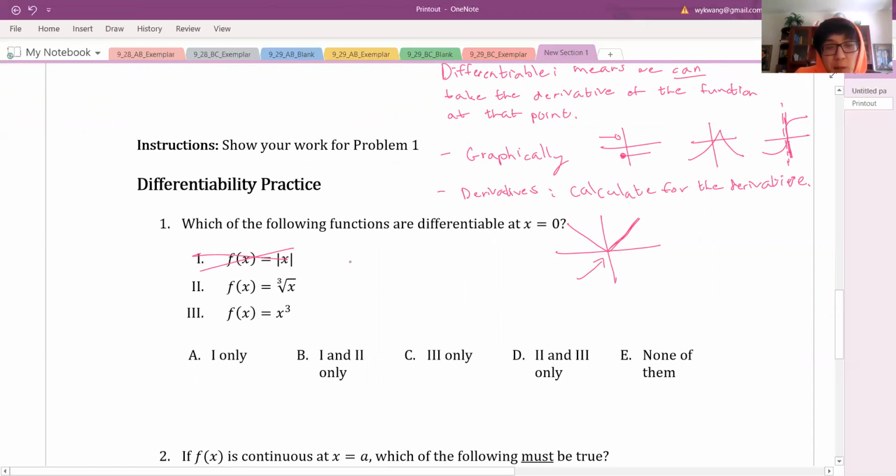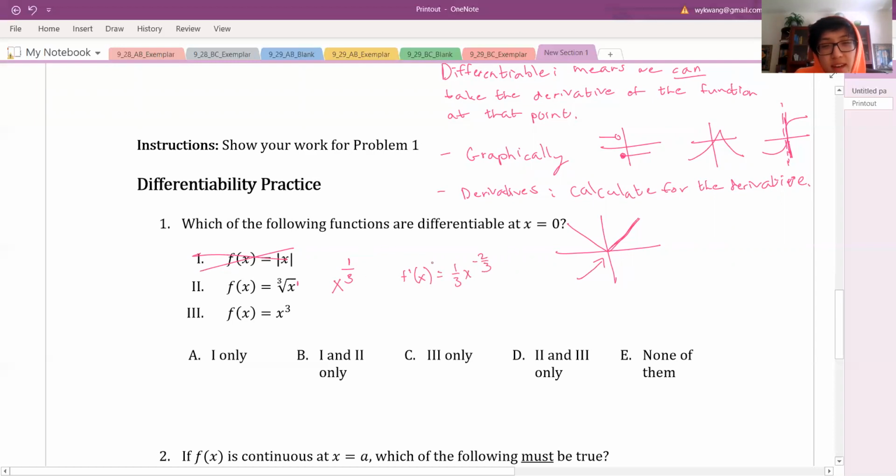Next, we're looking at the cube root of x. Remember, we can do power rule, but we have to change it into our form first. So it's x to the 1, we're going to put the 3 in the denominator, 1 in the numerator, so it's x to the 1/3. Now let's do power rule. So f prime of x is equal to 1/3 x to the negative 2/3, right?